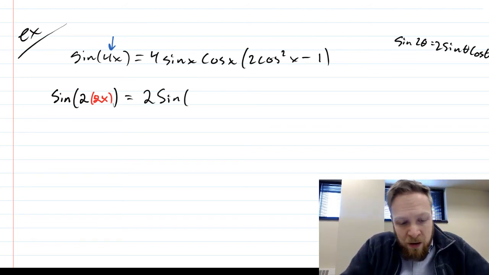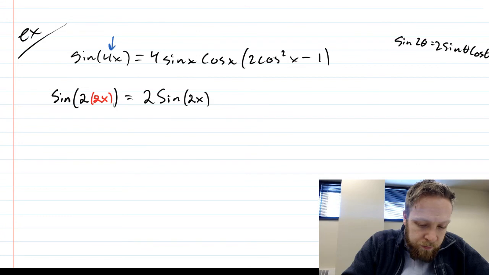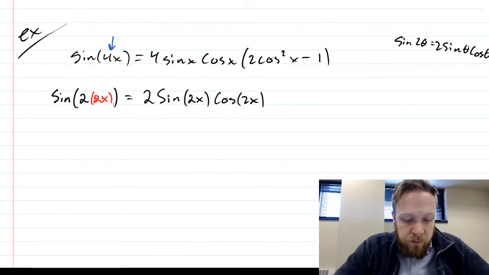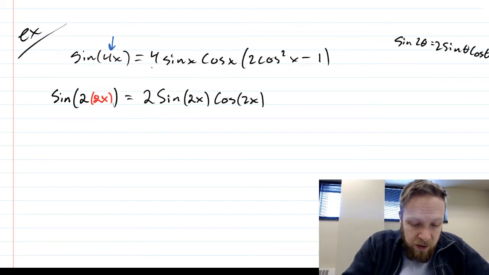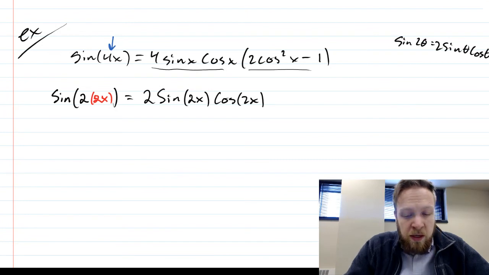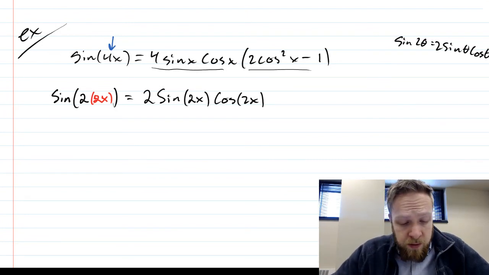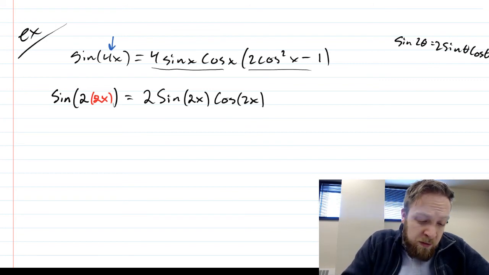And when I say angle, I mean 2x right now. Cosine of 2x. Okay? Now what made me think about this? What made me think about this was that these look very similar to double angle formulas, right? And so I want to keep a double angle formula in there. And so I would write sine of 2 times a double angle.